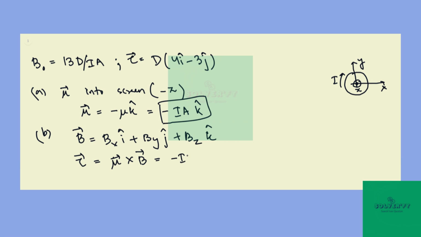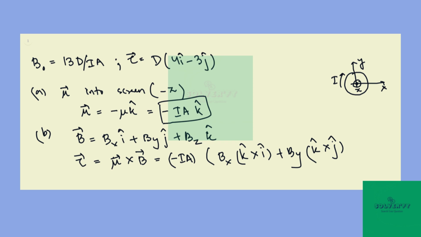So we have negative IA coming out because this is just a value, and we can write Bx times k cap cross product with i cap, plus By k cap cross j cap, and the third term is basically 0, right?